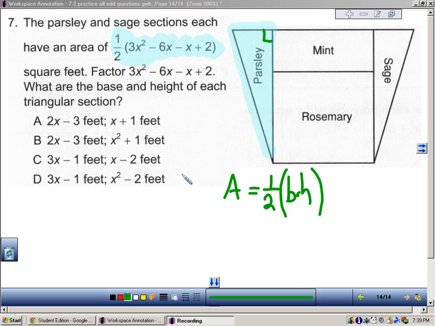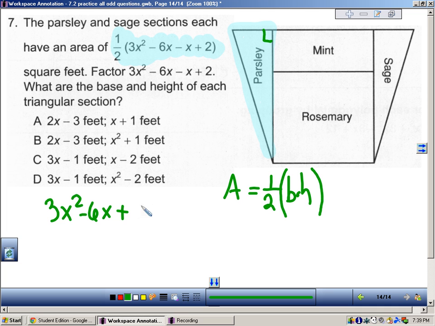Okay? So I'm going to factor the expression. I'll write that down. Now I jumped the gun a bit because I know what's going to happen. I'm going to group these together. Common factor here is 3x, greatest common factor.